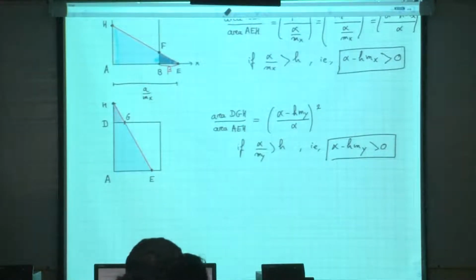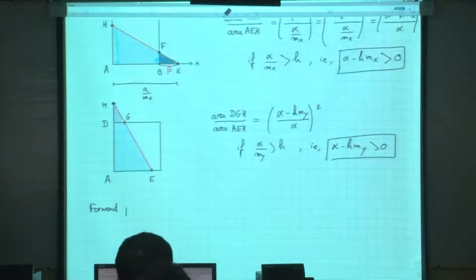Okay, so we can collect all this and we're done with the forward problem. So the forward problem is the following.